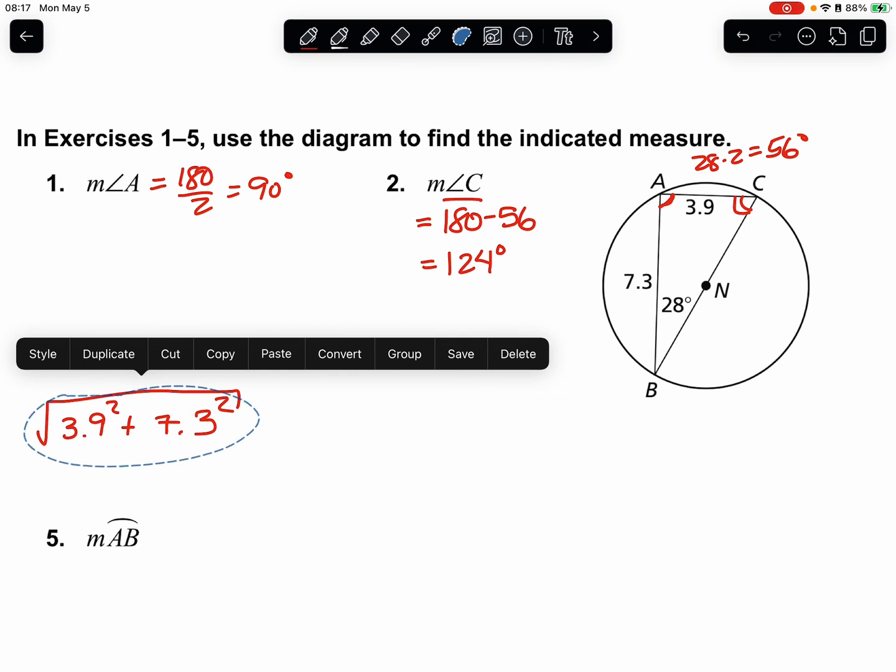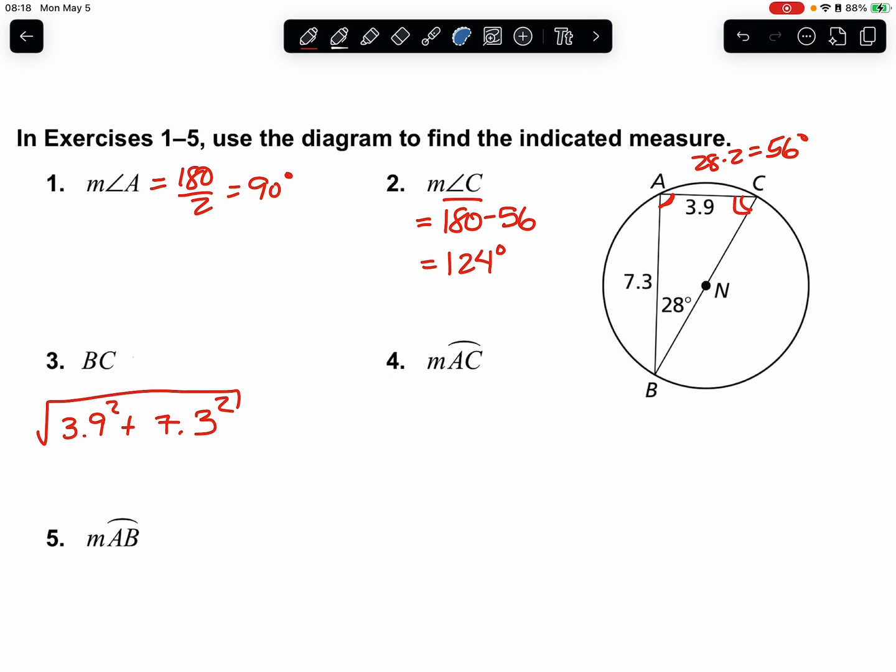I have a suspicion we're going to have to round our answer. We do. Looks like we get something close to 8.2. Actually 8.3 if I round it properly.